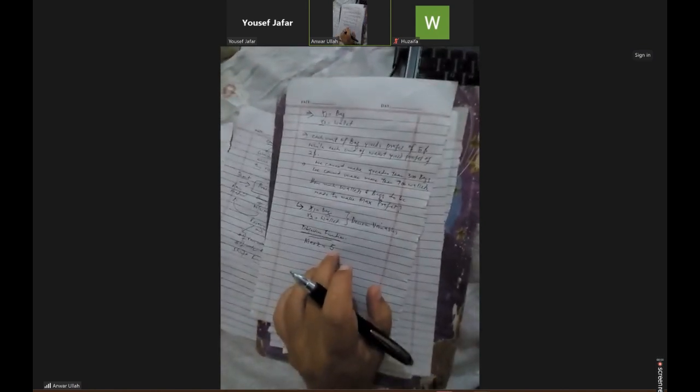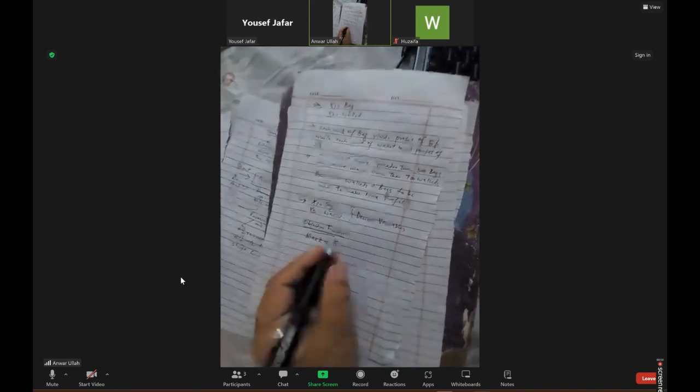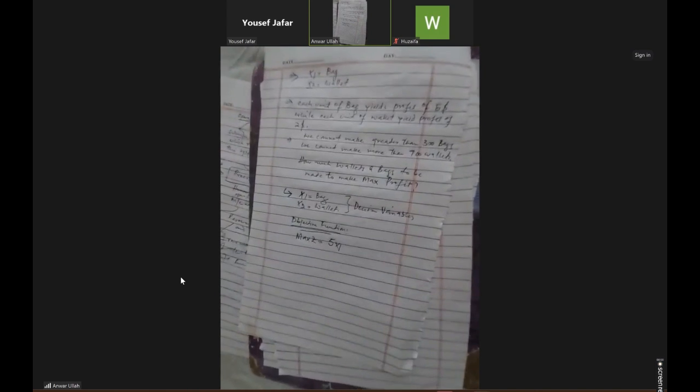$5. Yes. So we will use this as the constant for the variable x1. So we will write it as maximize z is equal to 5 into x1 plus, and what does the wallet yield?